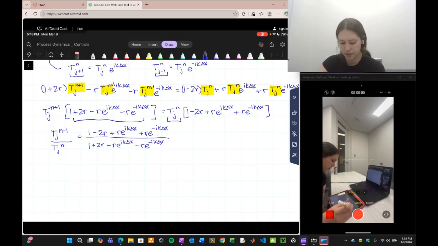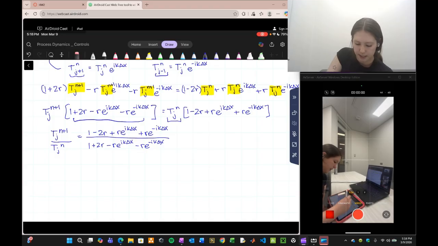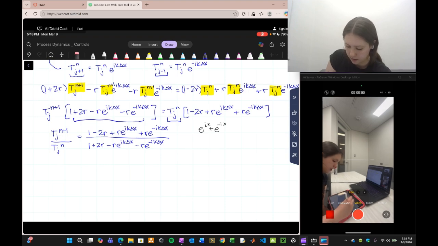And in part C, we used the trig identity e to the i x plus e to the negative i x each will equal 2 cosine of x.